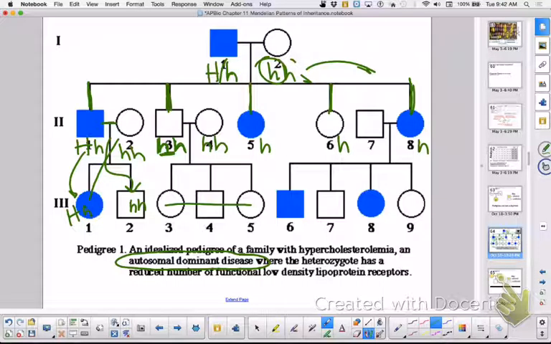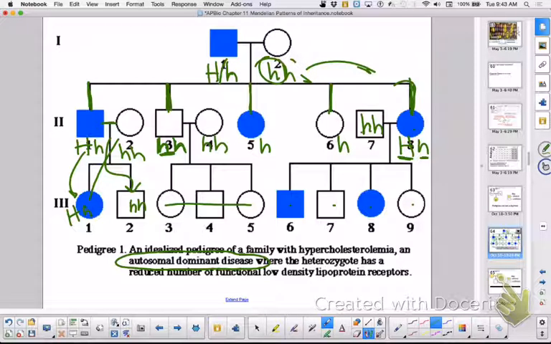Whereas this girl had it, she married a boy that didn't have it, and how many children did they have? 4. And we would have predicted that 2 of them would have it and 2 of them wouldn't, right? Because we know her husband doesn't have it, because he doesn't display the disease. He's little h, and half the time she's going to give the big H that she got from her father, and half the time she's going to give the little h that she got from her mother.